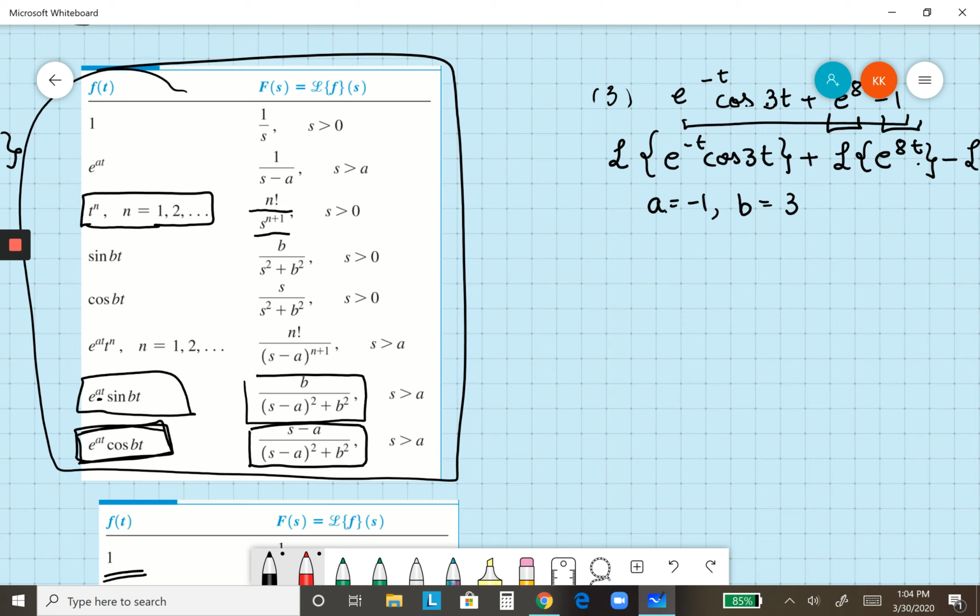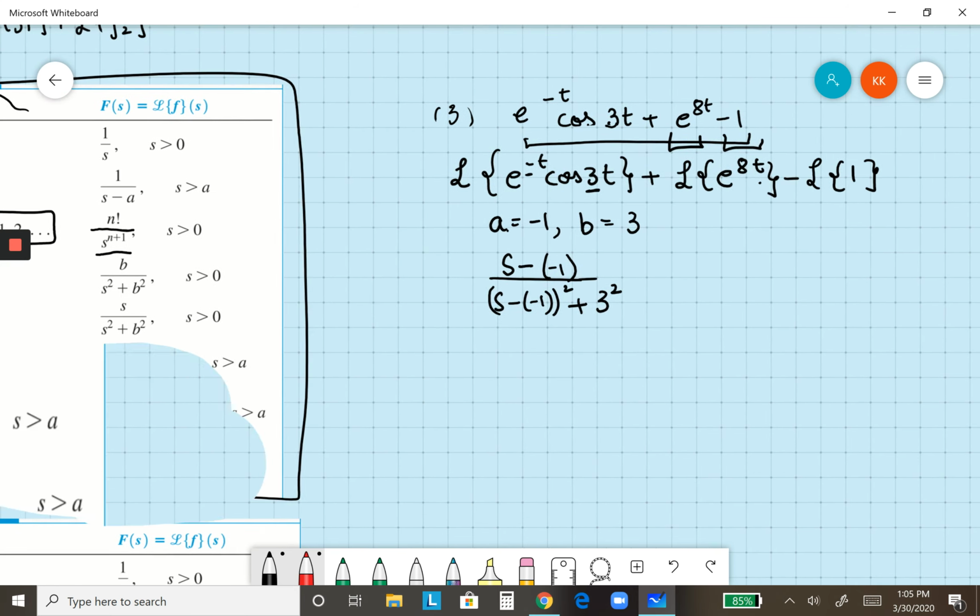B is whatever we have after cosine. A is whatever we have in the e raised to power. So here in this case, it's -1t, so it should be -1. So using Laplace, we have s minus a, which is -1, over s minus -1 whole squared plus b, which is 3, raised to power 2.